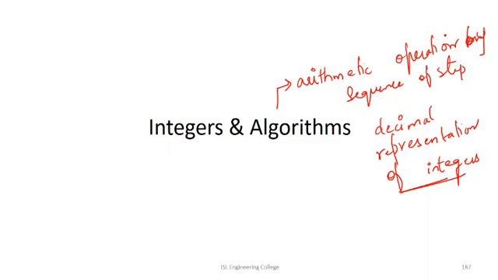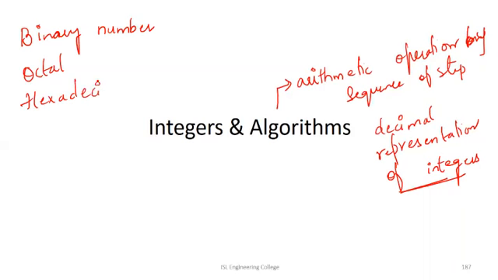Whatever algorithms we have seen, sorting and searching techniques, all of them were on integer values. Apart from that, whenever we are speaking about computer arithmetic or the usage in the CPU, the numbers usually used are binary numbers. And apart from that, we even have octal and hexadecimal numbers.